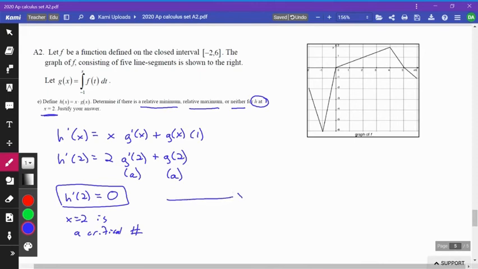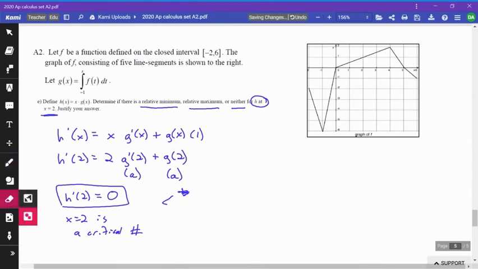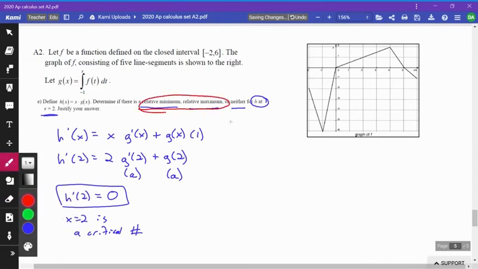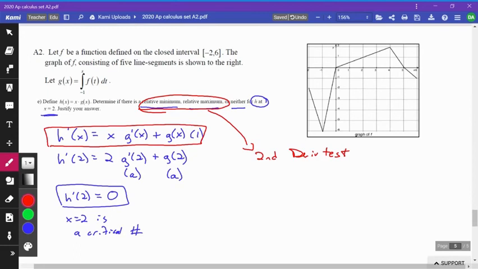Now I don't have a number line to check to the right and left of 2 to see if I'm positive and then negative, or negative and then positive. So I can't really just use a number line. So if I want to determine a relative max or relative min, I have to use the second derivative test. So I'm going to take a second derivative, plug in 2, and see if h double prime of 2 is greater than 0 or less than 0.